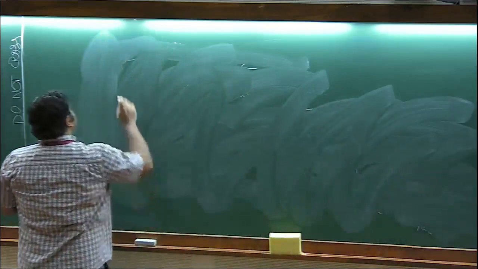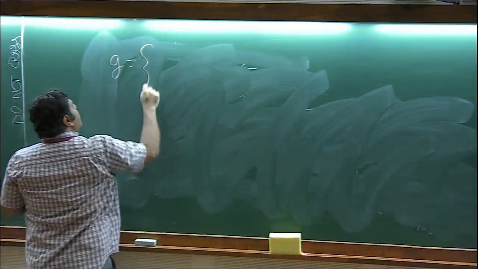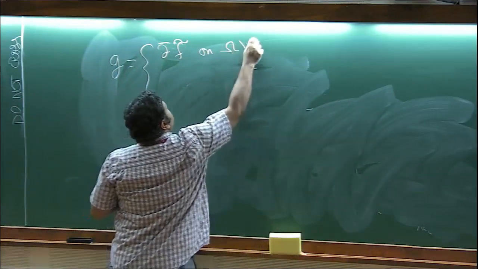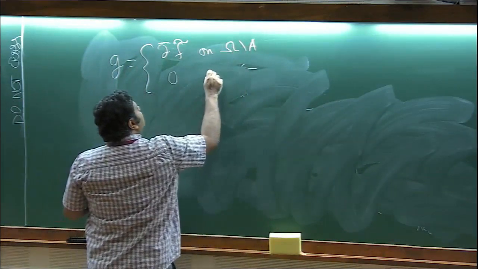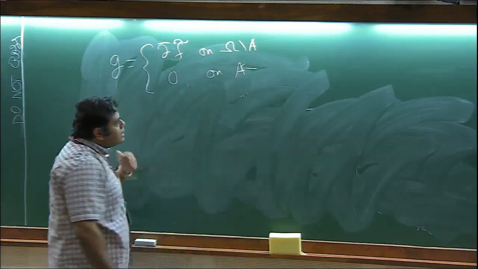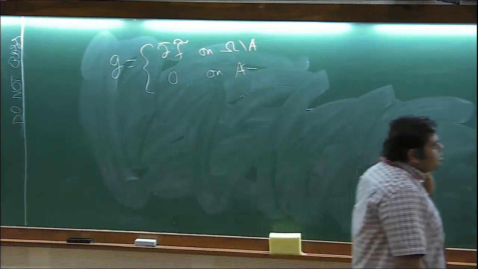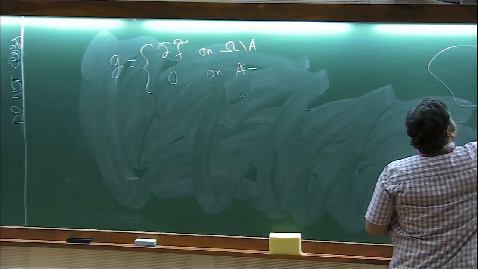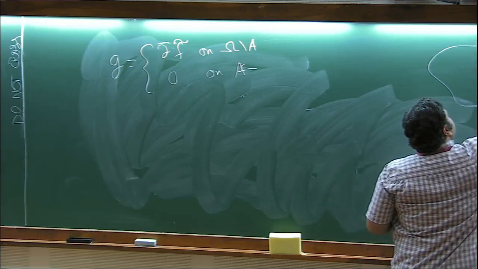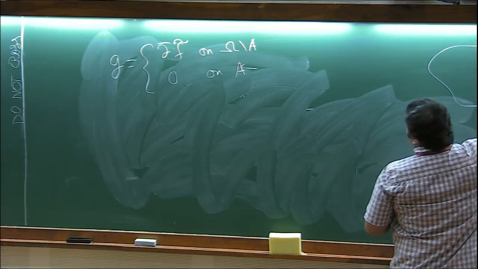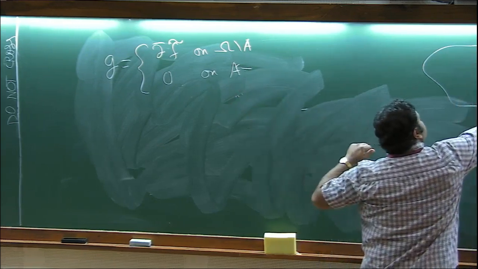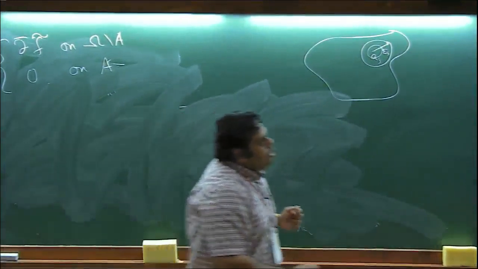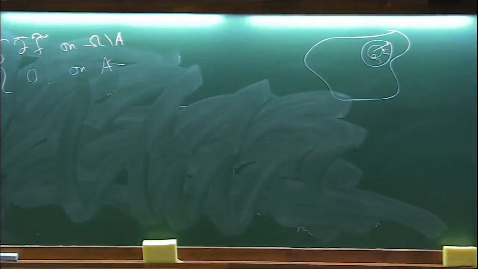So let us look at the function g, which is given as d bar f tilde on omega minus A and 0 on each point of A. Let us see what we can say about this function. So my picture is somewhere there, so I will draw a second picture here. So this here is my aj. This is the neighborhood of size epsilon j. So what can I say about d bar f tilde near the point aj? What can I say about this f tilde near aj?